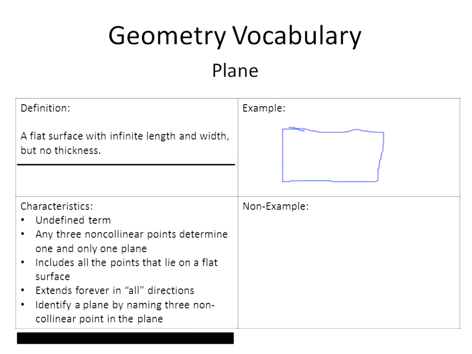Here's an example of something that might be a plane. Usually we think about planes as more rectangular. Then you'd have some points in that plane, and they're non-collinear, so they don't make a straight line. We could label them A, B, C. So we would call this plane ABC.